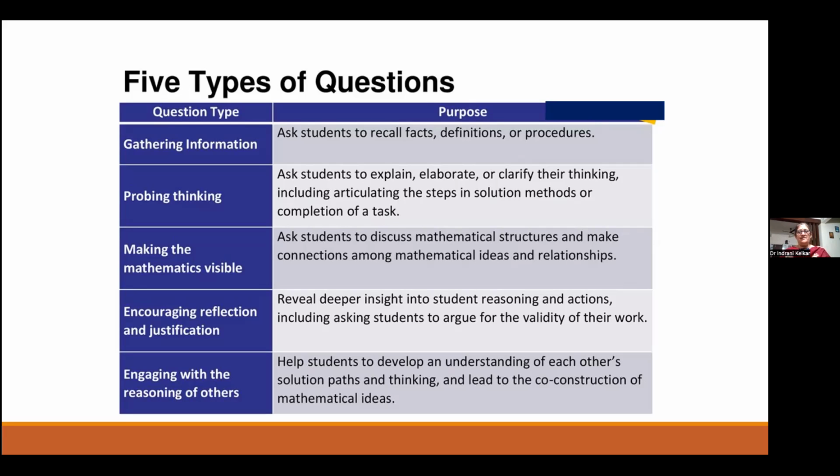And the last one is engaging with the reasoning of others. So this is like project work, or like you have SUPW, socially useful work. So what you learned, how you connect it, or you do some project work. Now in India, in school, we have science, math, and all of them have labs.